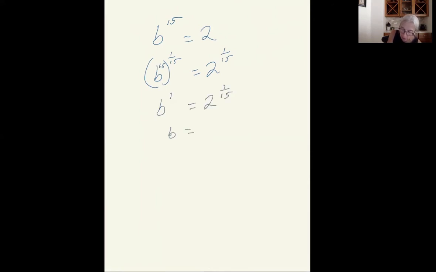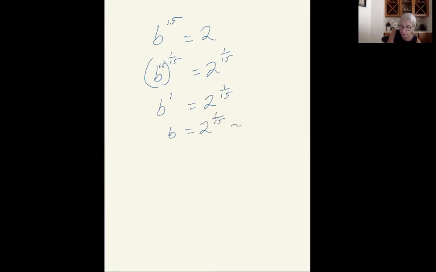Turns out that if I have B to the 15th power equals 2, then algebraically I would raise both sides to the 1/15th power, because B to the 15th raised to the 1/15th from our rules of exponents, we know that that just gives us B to the 1 equals 2 to the 1/15th. So B is 2 to the 1/15th.